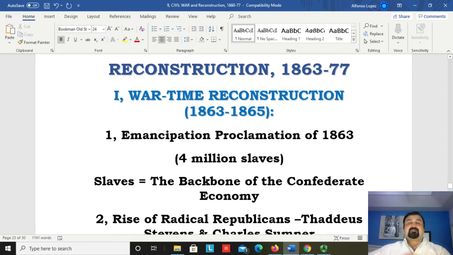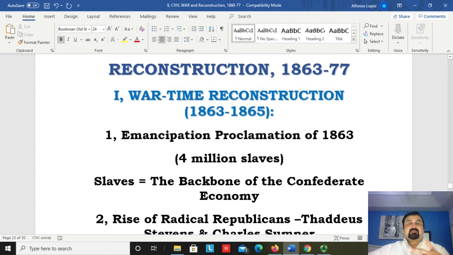Lincoln's administration and Republicans in Congress are going to move forward now with the policies to start rebuilding the country. That's what Reconstruction is, the process of rebuilding the United States, rebuilding the South, particularly reforming the South. Reconstruction entailed reuniting the North and the South, but in a way that the South was going to be reformed before it was rejoined with the rest of the country.